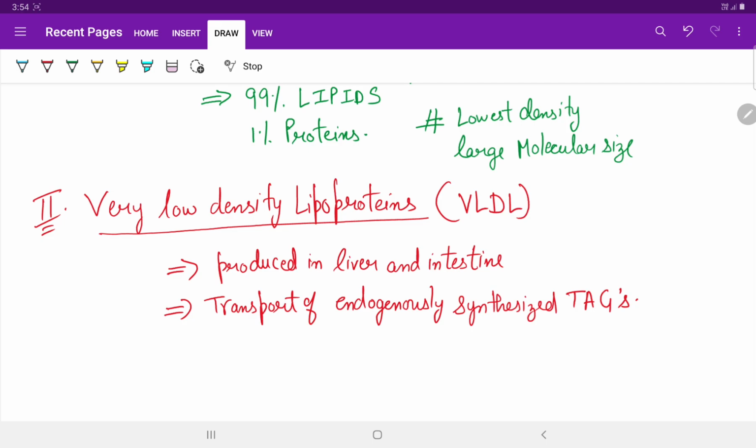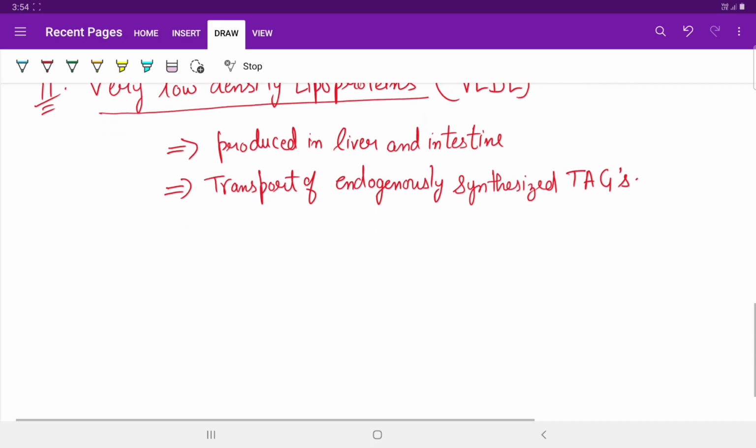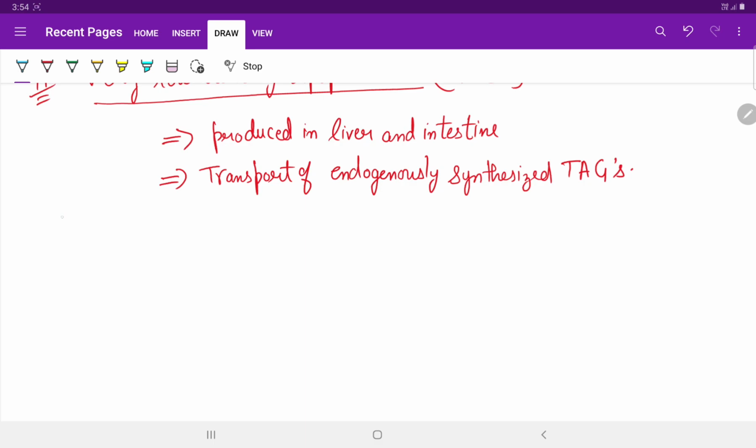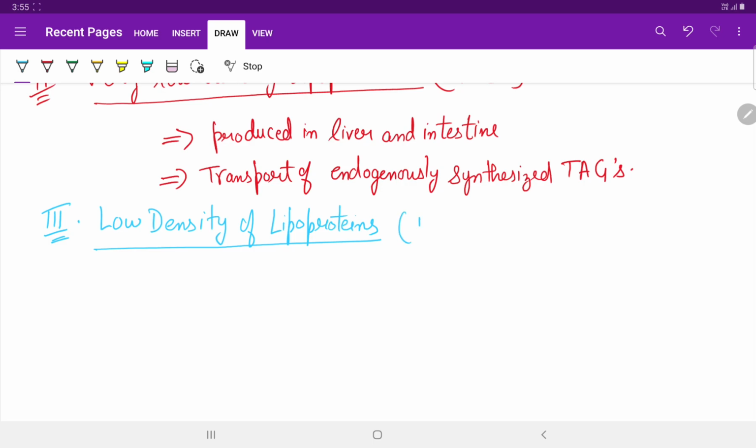The next comes the low density lipoproteins. So the third one is low density lipoproteins, commonly known as LDL. They are formed from VLDL.